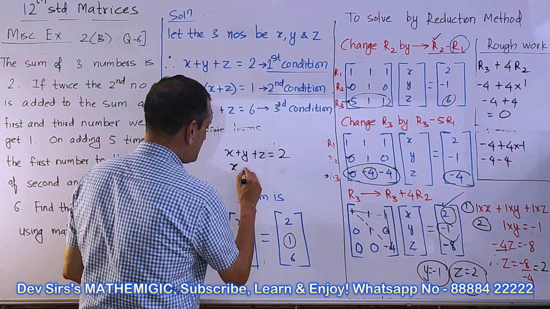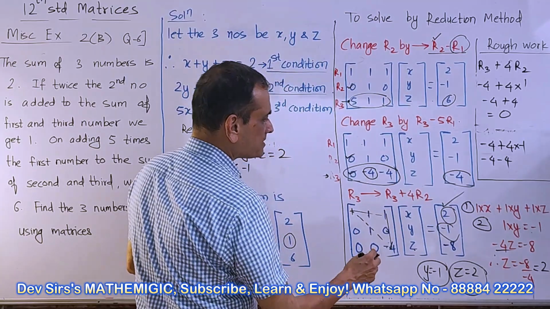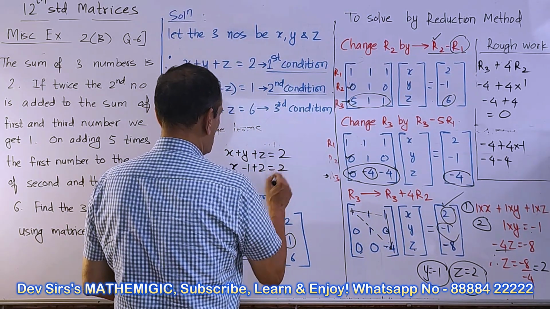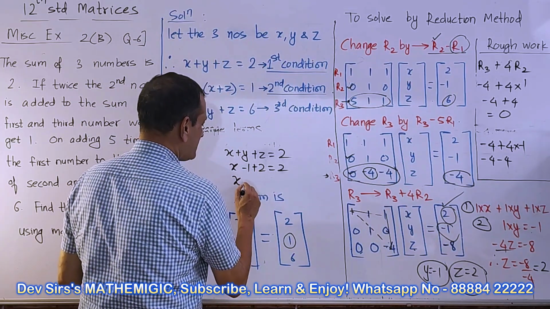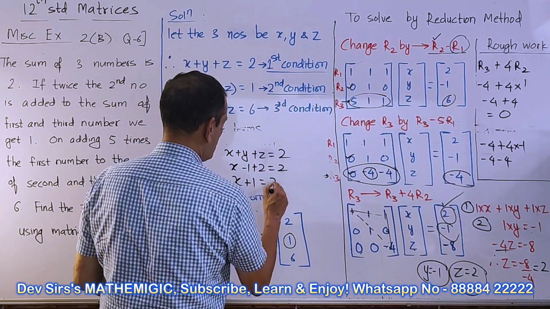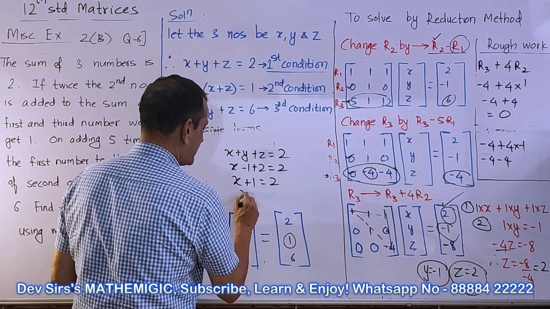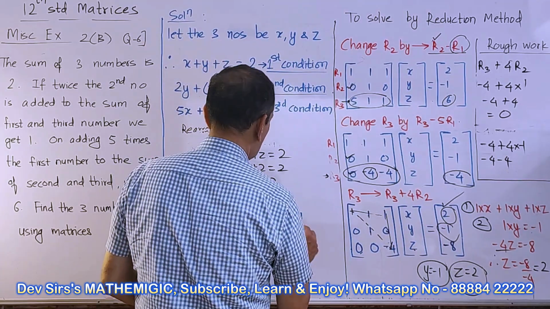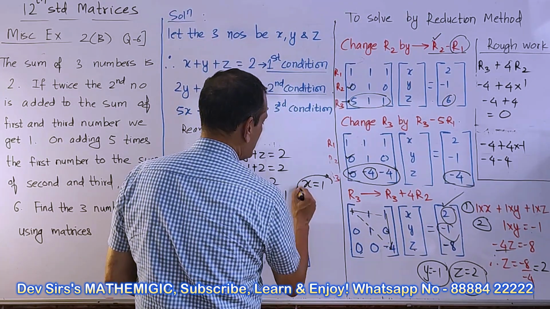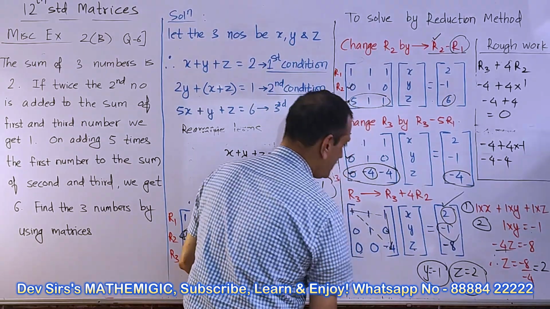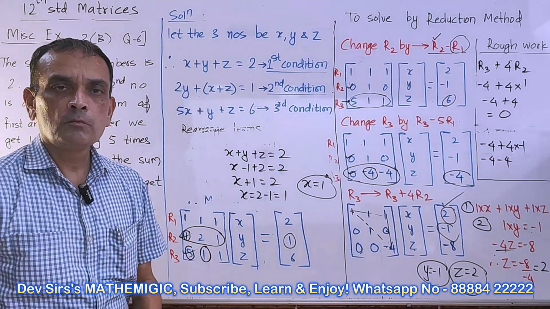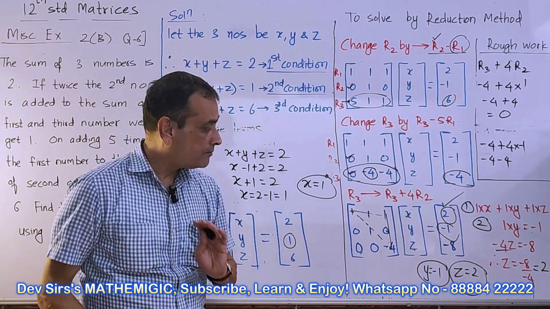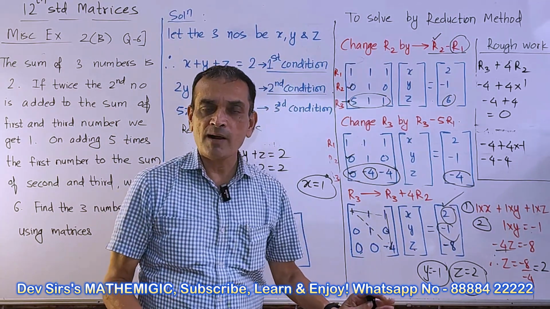Y is -1, z is plus 2, -8 upon -4. 2 minus 1 is 1. Again 2 minus 1 is 1. So final answer, x equal to 1, y equal to -1, z equal to 2. That is how you solve equations by matrix reduction method, by converting into upper triangular matrix.